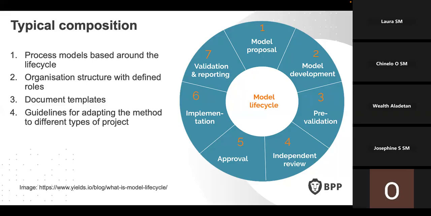And then for that model to be validated, the team will need to look into it, scrutinize, and question it. So many things will go on. The steps are a process model based around the life cycle, an organizational structure with defined roles, document templates, and guidelines for adapting the method to different types of projects, because there will be different projects.